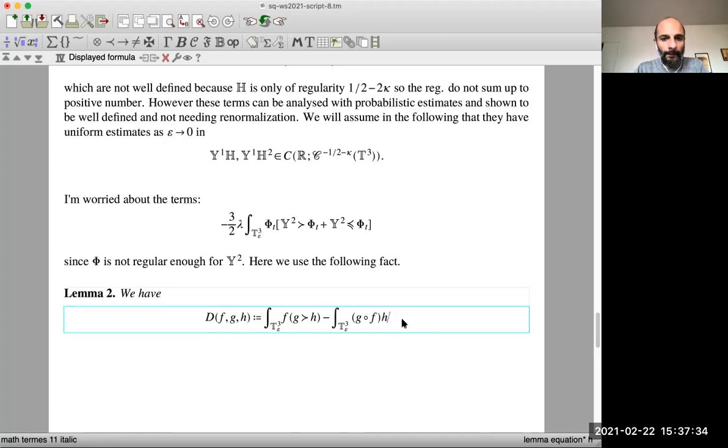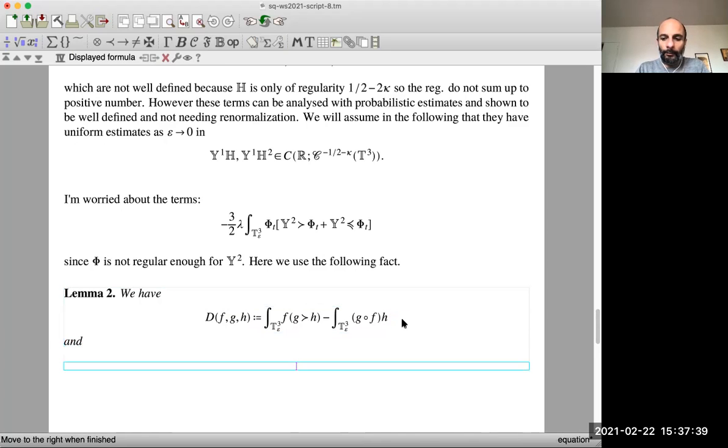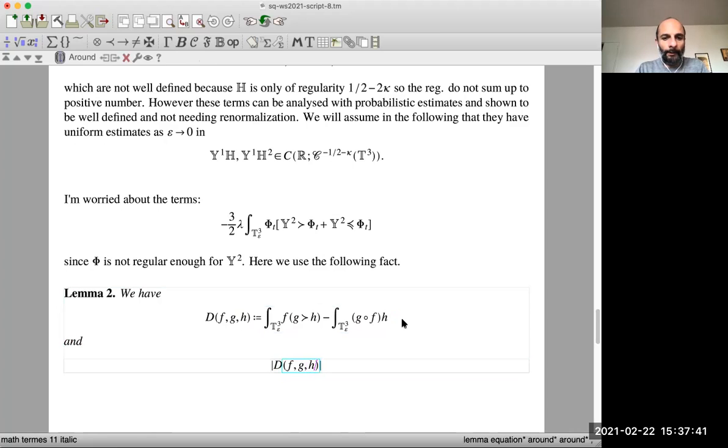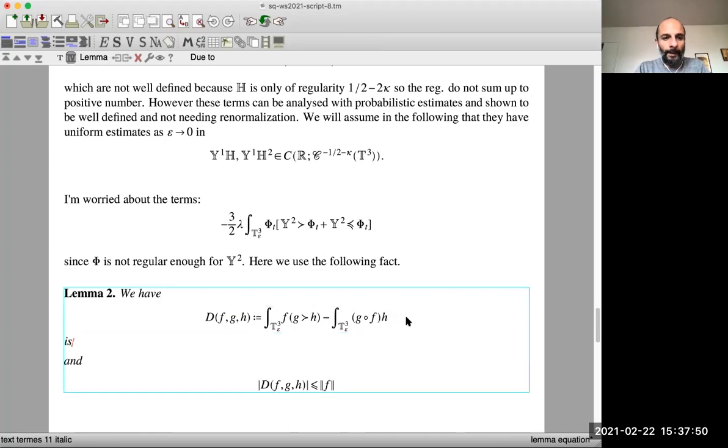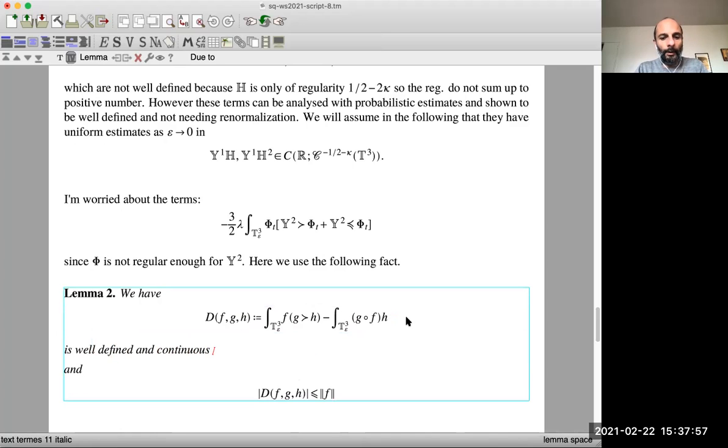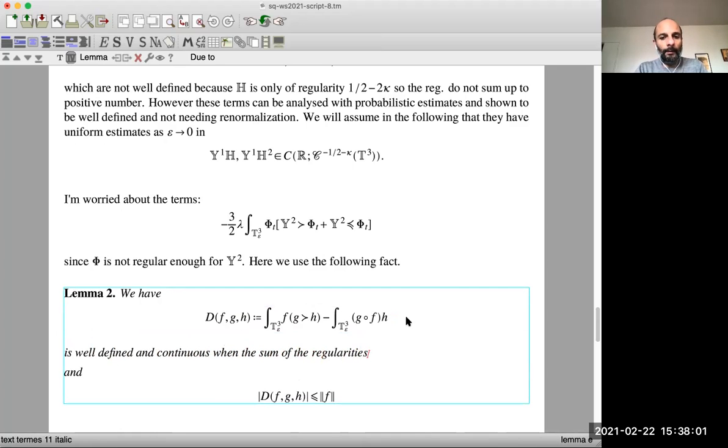So you define this as that, and this is a trilinear form which is well defined and continuous. I don't want to introduce the real spaces. It is so when the sum of the regularity of F, G, and H is positive. Essentially, that's the message.